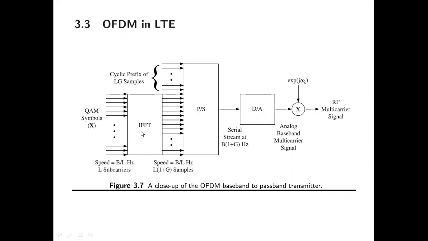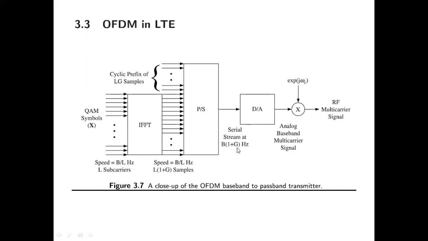Once you take the IFFT, as I told you, for our convenience we want some cyclic prefix. This cyclic prefix is decided by the amount of time delay spread in the channel and the amount of guard. That is why the G term is used for the cyclic prefix.